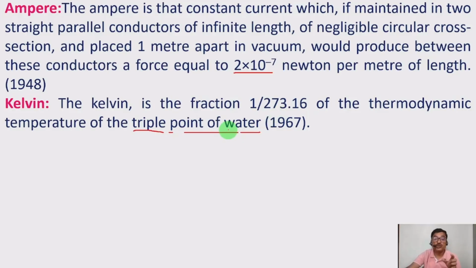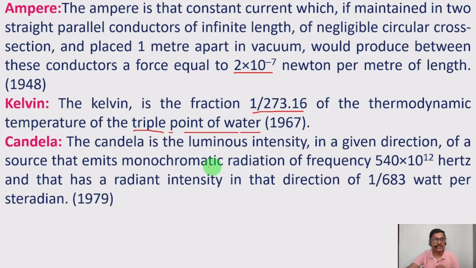All three coexist in equilibrium at one particular point. That point is called the triple point, and it has a standard temperature and pressure. That temperature is taken as the base for the definition of the Kelvin, which was defined in the year 1967.